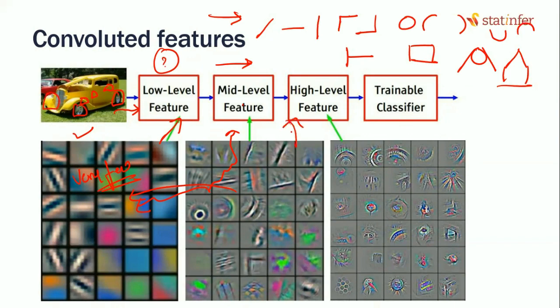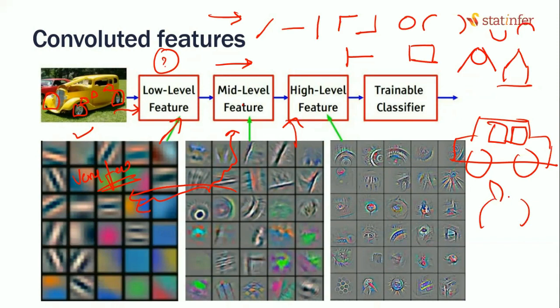What are high level features? Then you start seeing some meaningful diagrams, isn't it? In low level and mid level, we will not be able to see meaningful diagrams. But high level features are the combination of mid level features. When you combine all of them, then you will start seeing a cat as a cat, a car as a car.